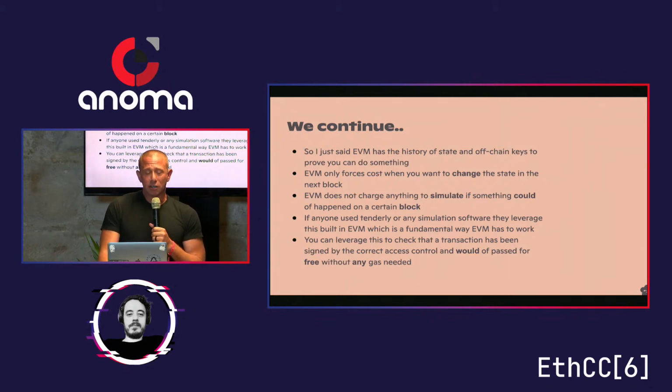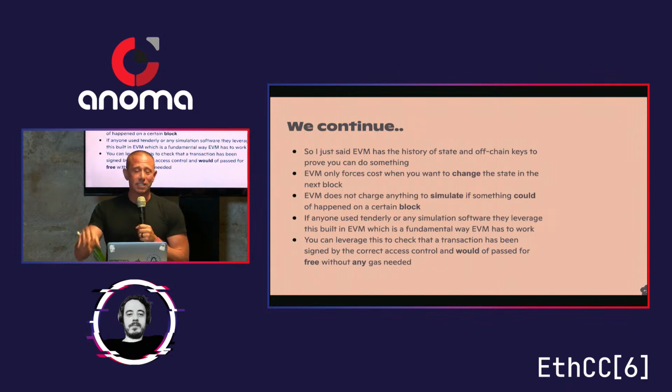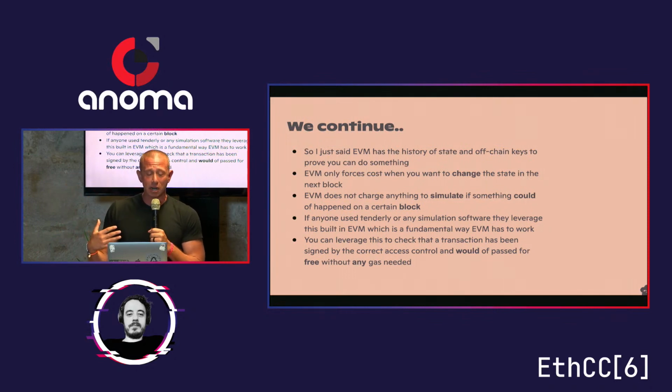So you could use some type of simulation software, theoretically, to leverage the EVM, which in the past was used to simulate and then transact on the EVM. But what if you simulated on the EVM and then transacted elsewhere, taking all of that information you were given without having to pay the gas?